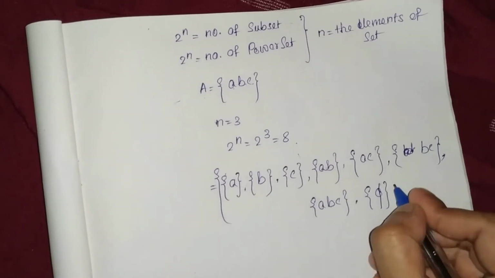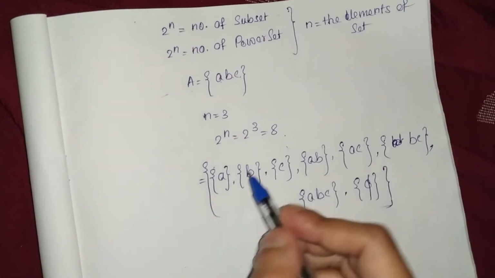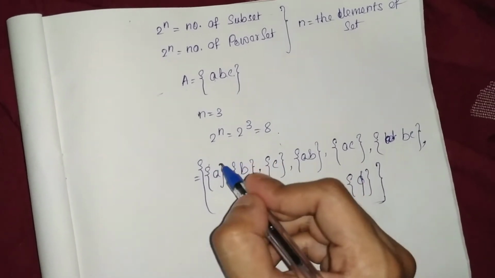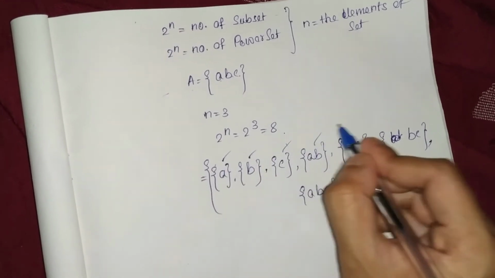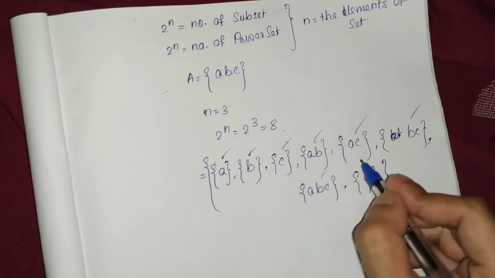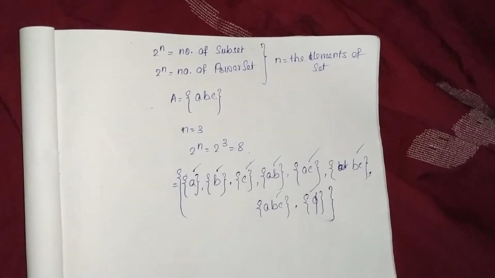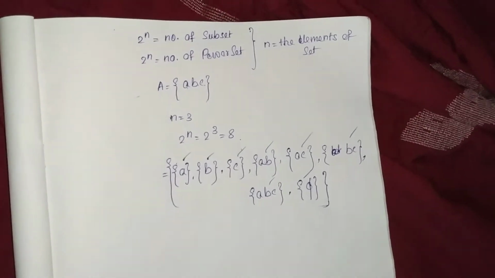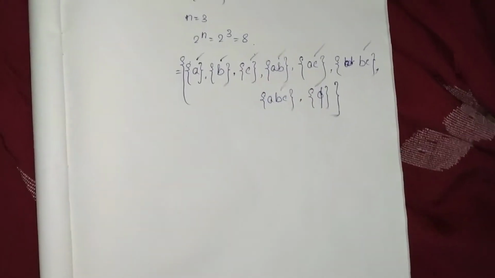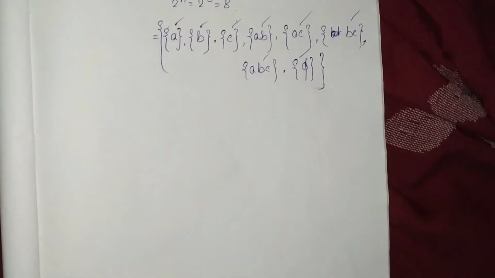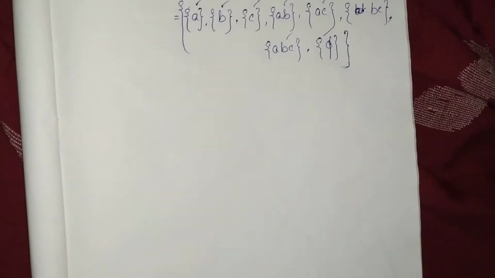Okay, because the big notation is closed. Let's check whether 8 subsets or power sets exist or not. 1, 2, 3, 4, 5, 6, 7, 8. See, 8 power sets exist. That's a shortcut process to back calculate the subset or power set.